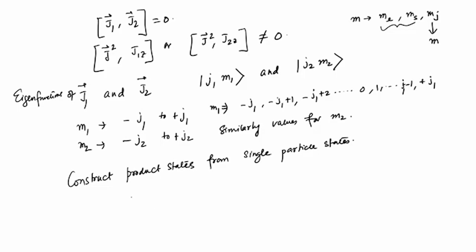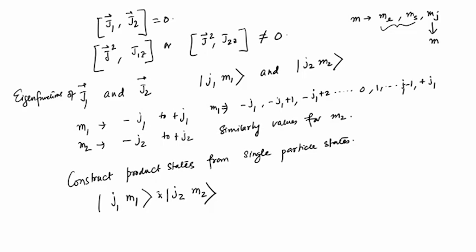Corresponding to particle 1, we can have J1 M1 written as a ket, and this is going to be multiplied by J2 M2, that is another ket.